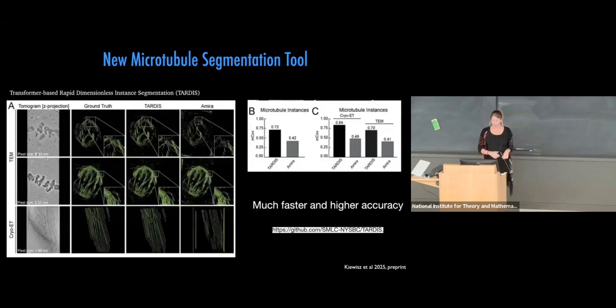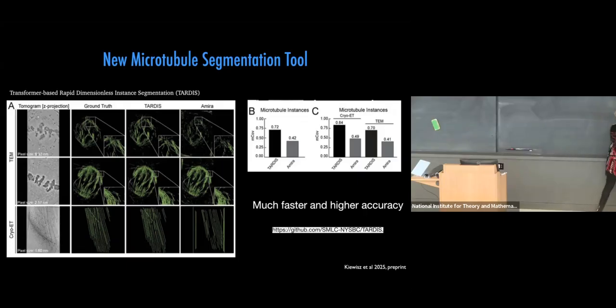So a lot of our time went to sitting in front of a computer and just correcting these traces. More recently, and you can see it's still a preprint, Robert Kiewicz, together with Tristan Beppler, actually used a machine learning approach, and they call it transformer-based rapid dimensionless instant segmentation, or TARDIS, that uses machine learning to make this process much more reliable and faster. And so what you can see here is tomographic data from plastic, and this is actually cryo-ET data here.